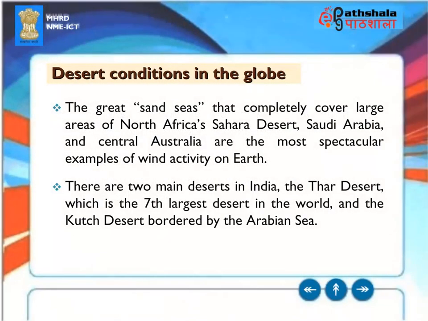The great sand seas that completely cover large areas of North Africa's Sahara Desert, Saudi Arabia, and Central Australia are the most spectacular examples of wind activity on Earth. There are two main deserts in India, the Thar Desert, which is the seventh largest desert in the world, and the Kutch Desert, bordered by the Arabian Sea.